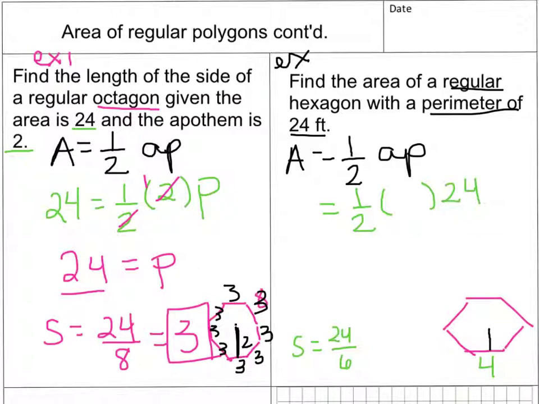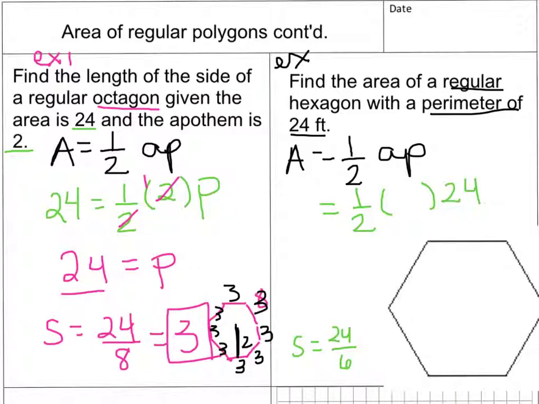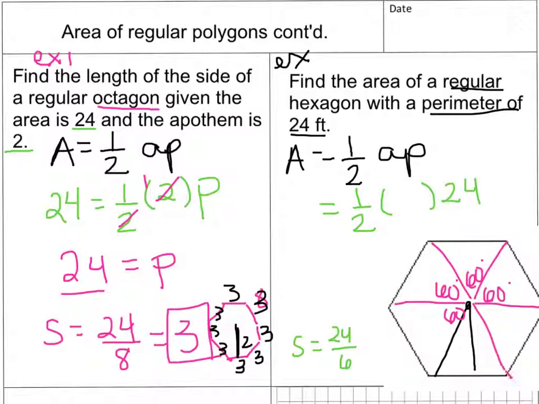This is a hexagon. If you were to split up your hexagon into the bottom triangle, this bottom triangle will be what type of right triangle? I'm going to give in and just use a drawn picture. If it's a hexagon, each of the angles in here are 60 degrees. This is 60, this is 60, this is 60, this is 60, this is 60, because they all have to add up to 360.